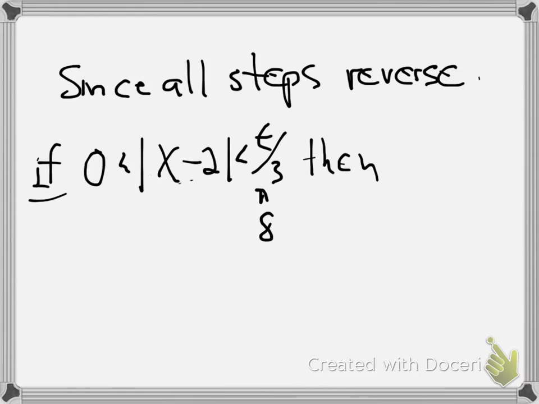the absolute value of our function, and I'm going to write this on the next line because I'm running out of room, then the absolute value of our function, which was 3x plus 1, minus our limit, has to be less than epsilon.